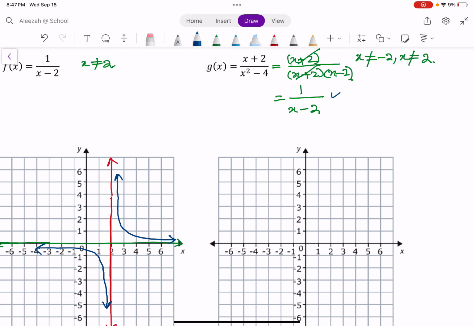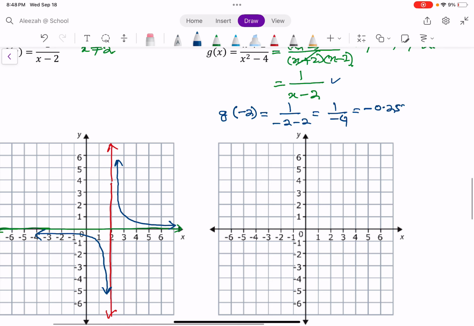So if I do g of negative 2, I will get 1 over negative 2 minus 2, which is 1 over negative 4, which is negative 0.25, right?